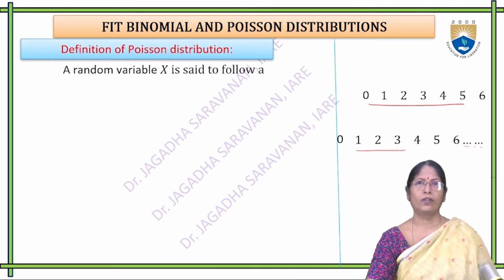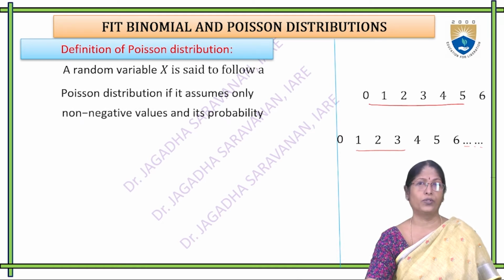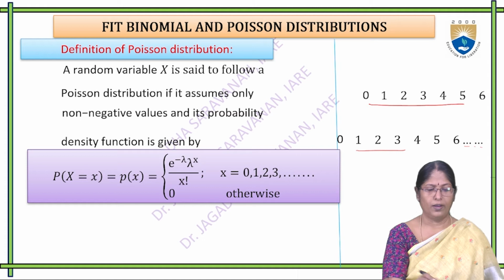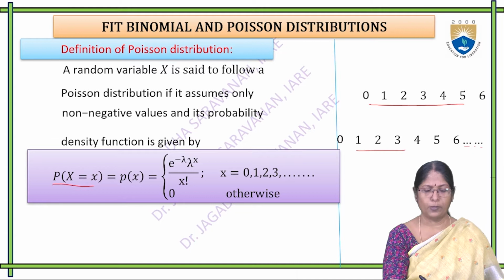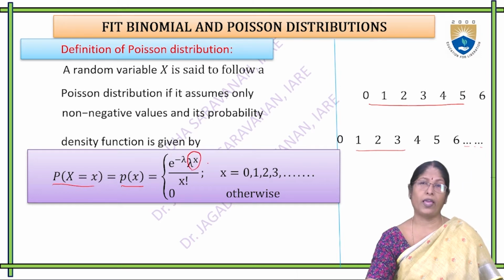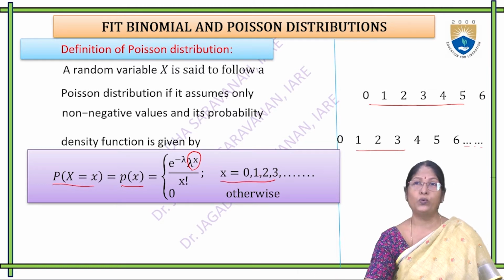The definition of Poisson distribution: a random variable, capital X, is said to follow a Poisson distribution if it assumes only non-negative values and its probability density function is given by probability of X equal to x, that is P of x, equal to e power minus lambda into lambda power x divided by x factorial. Here x is taking the values 0, 1, 2, 3, and so on.